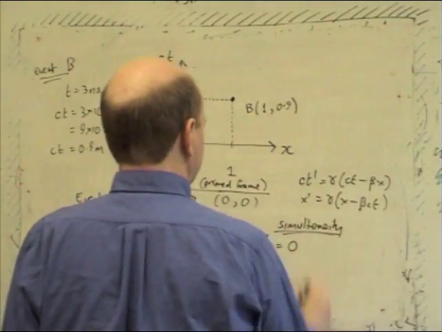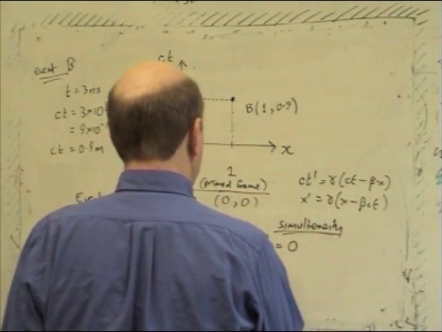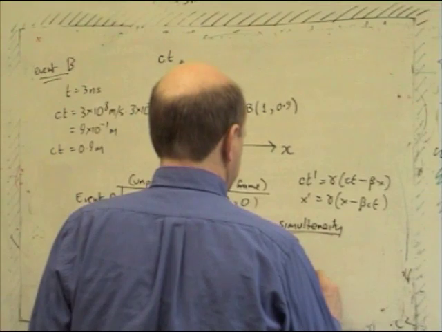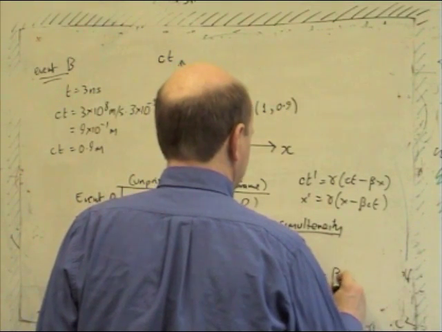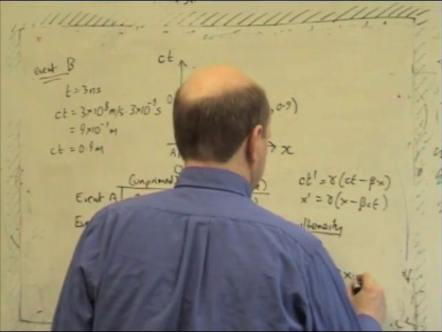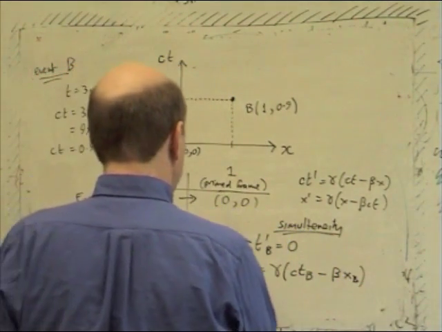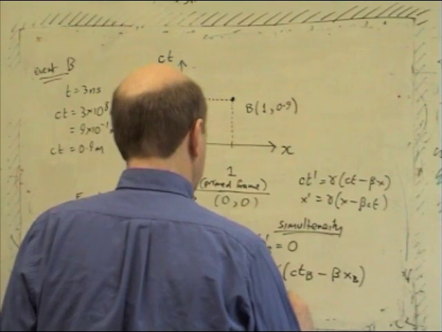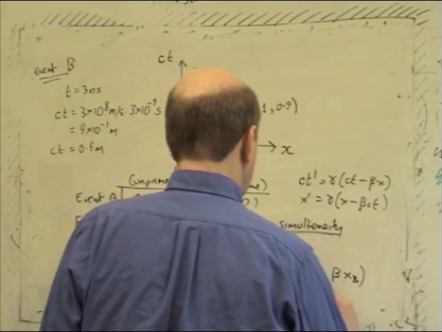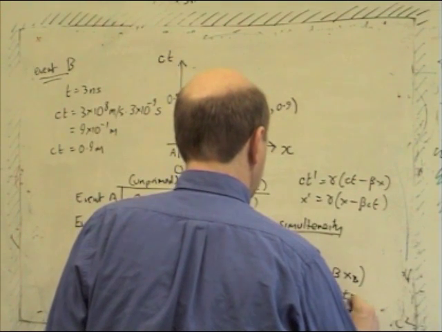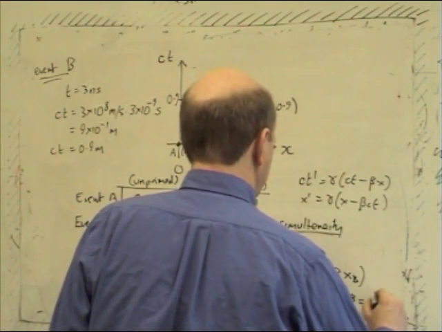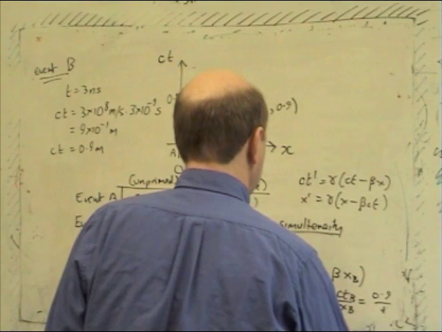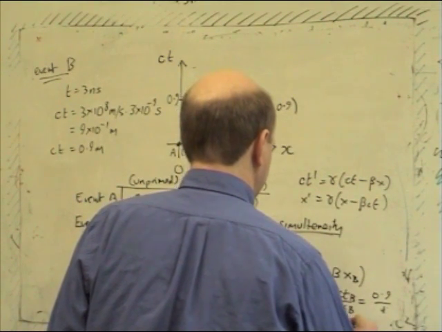Right? We can substitute that into the Lorentz transformation and write that 0 equals gamma times (ct of event B minus beta x of event B), which implies that ctB equals beta xB, or beta equals ctB over xB, which equals 0.9 over 1, so beta for the two events to occur simultaneously has to be 0.9.